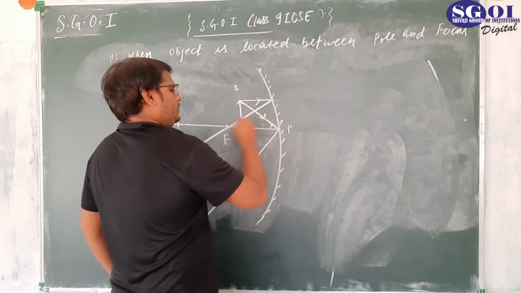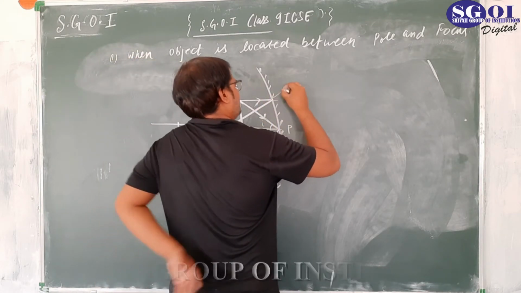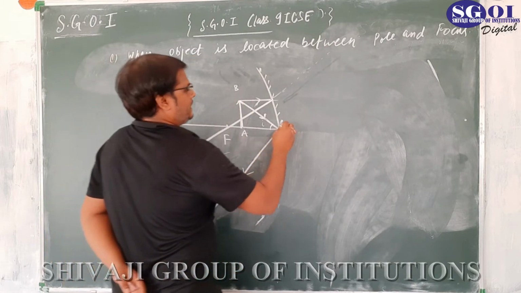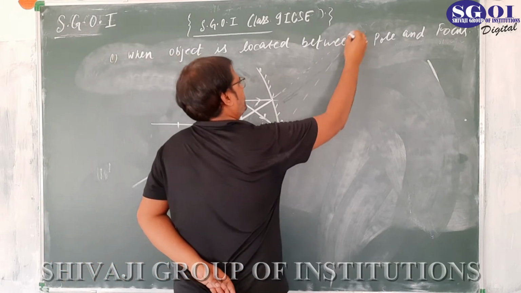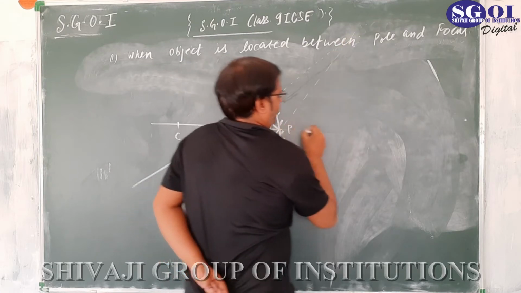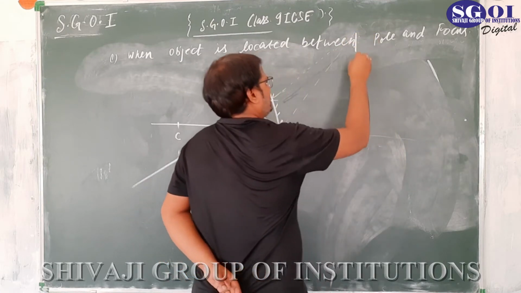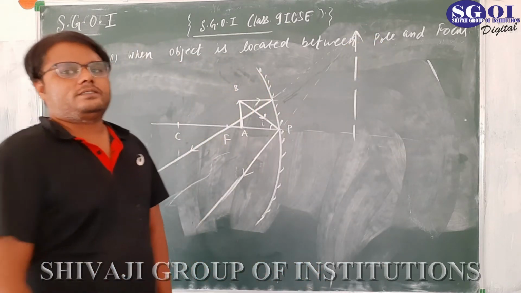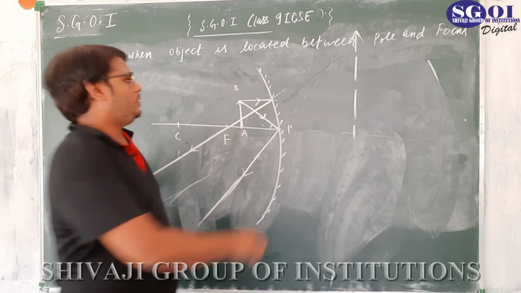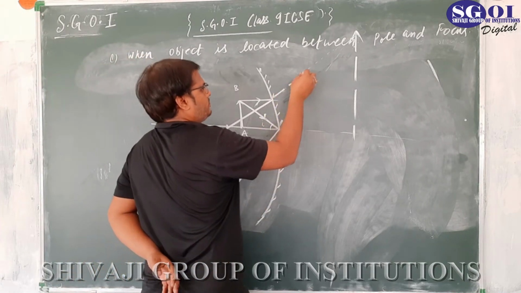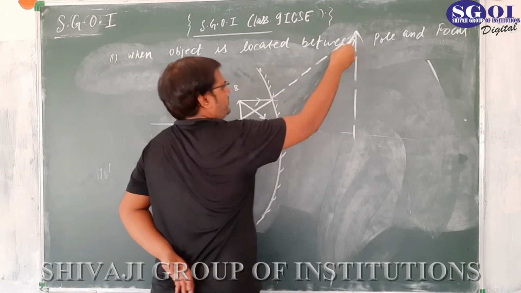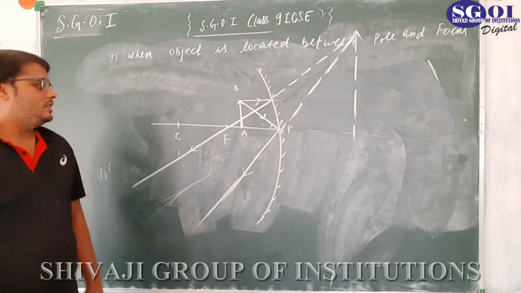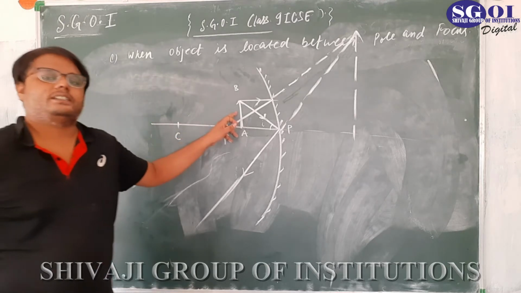So we are going to extend the first reflected ray and then the second reflected ray, also the principal axis, and this is our image. This is our object. You see? This was our object.